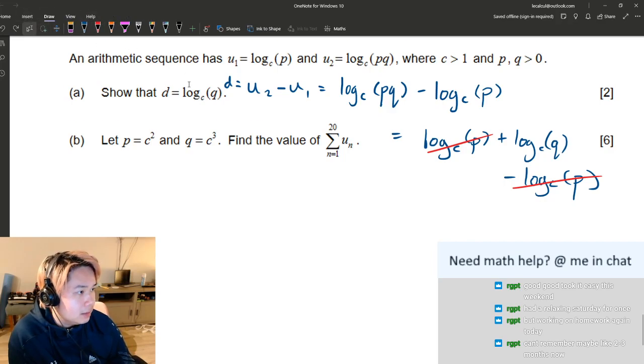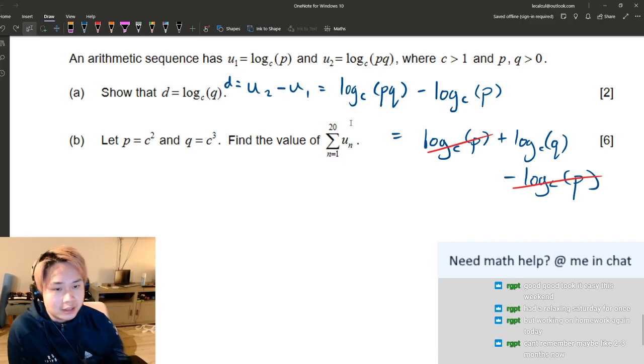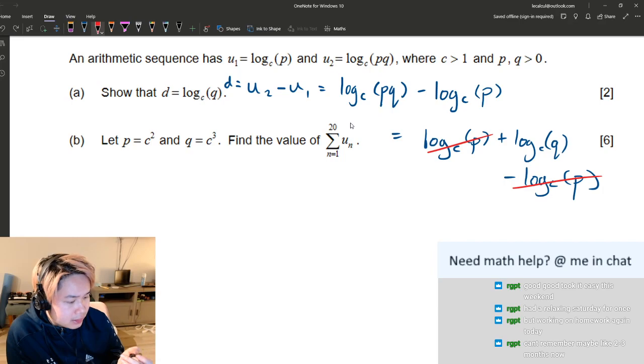So easy peasy. Okay, now p is going to be c squared and q is going to be c to the power 3, and then we're going to find the arithmetic sum from the first term to the 20th term. So first off, because we know what p and q are, let's simplify u1.